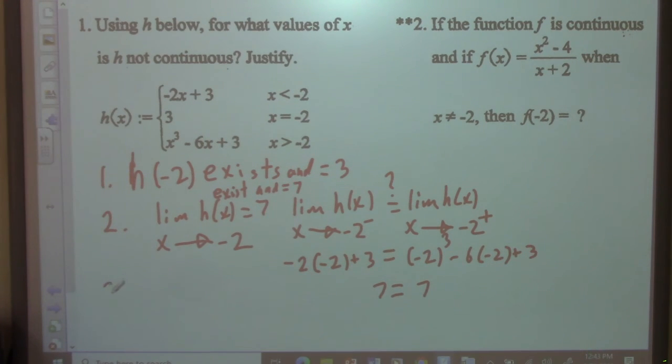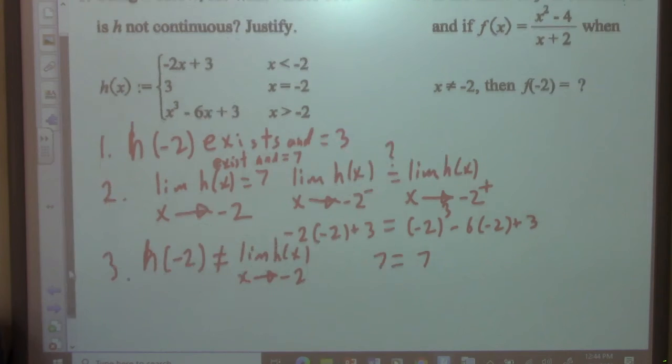So now condition 3, h of negative 2 equals the limit as x approaches negative 2 of h of x. Are those equal to each other? No, they are not.